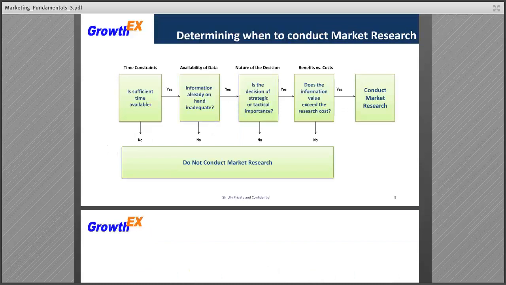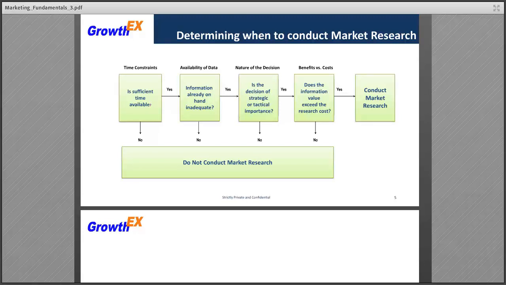Also, it is not feasible every time to conduct market research, because every time we conduct market research, it comes at a certain cost. The cost could be time related, financial, resource related, or related to criticality.